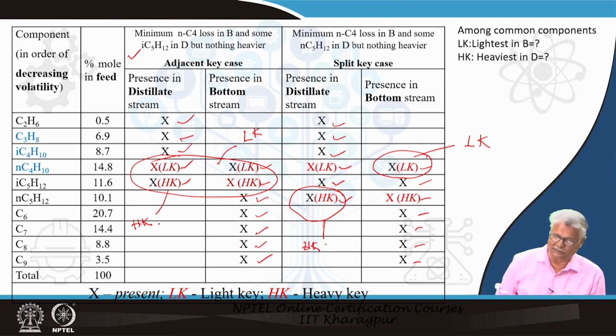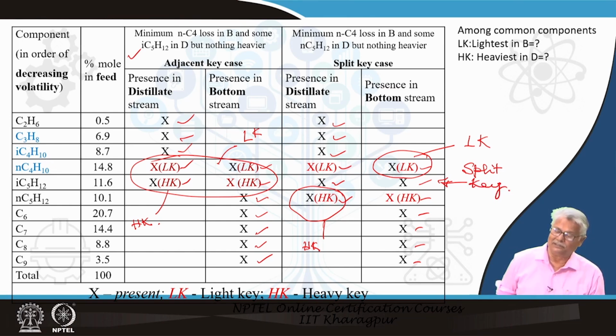This is going to be my heavy key, because in this case it is going to be the heaviest component in my distillate. Now, apart from the light and the heavy key, you have at least one component which is in between, which is present in both. So, this is called a split key, which has volatility between the light and the heavy.